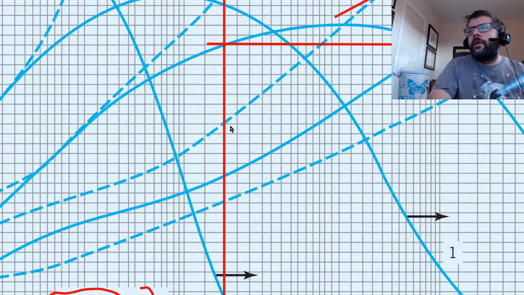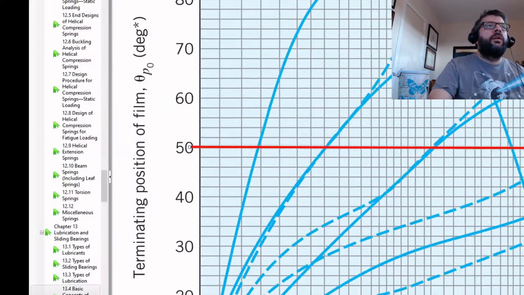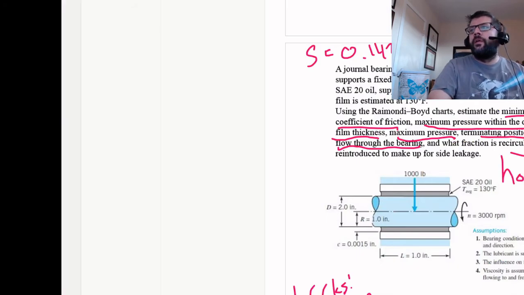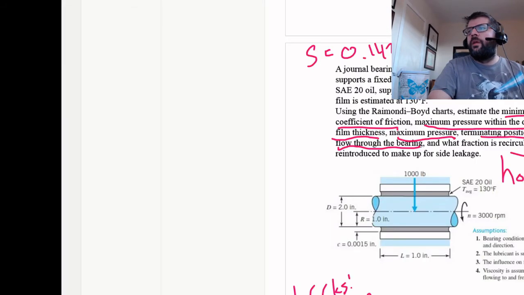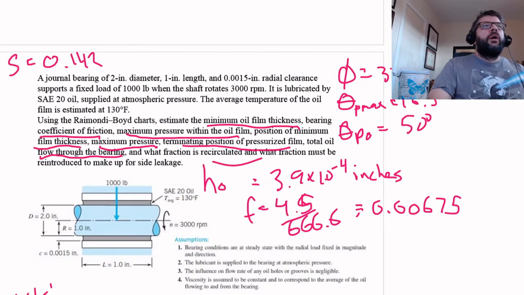Drew that a bit crooked. 50 degrees. Terminating position of the film. Theta, what was the nomenclature they used for that? Theta P naught is equal to 50 degrees. Okay.